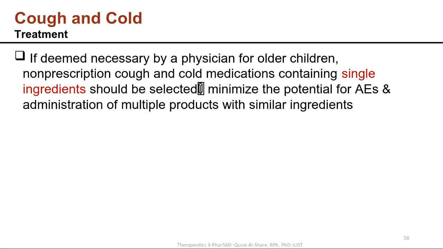Therefore, if it's a must to give a medication like this, physicians also tend to give only a single-ingredient cough and cold preparation, because it has lower side effects and the administration is easier than giving multiple ingredients in the same product.